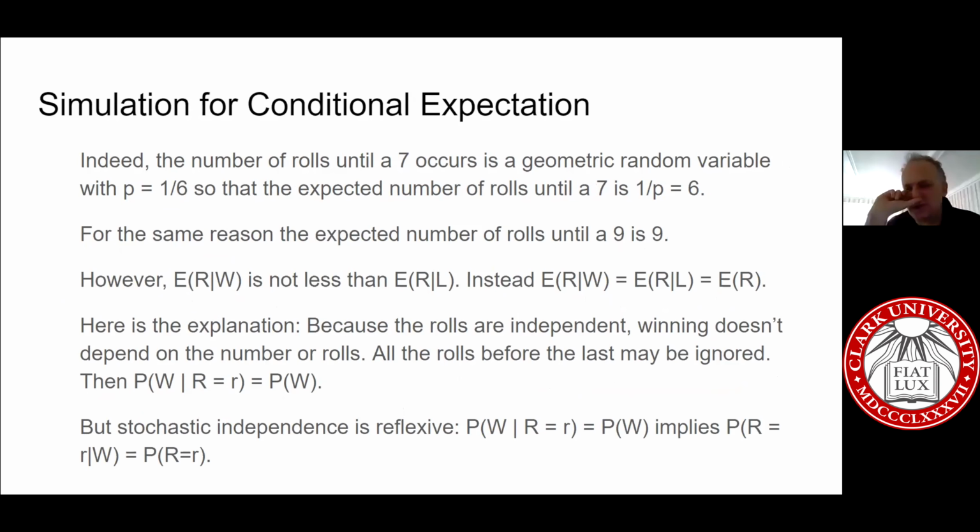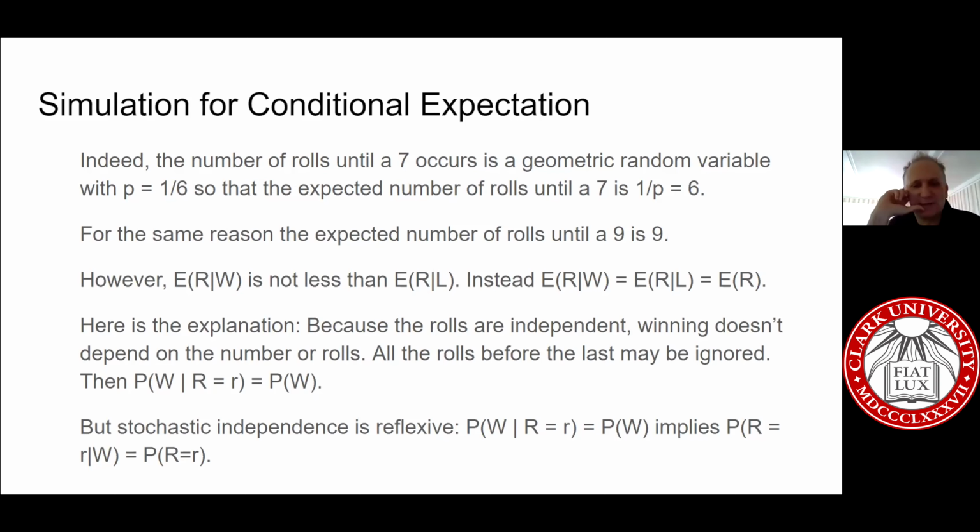So why wouldn't you assume that the expected number of rolls given you win is bigger, even if it's not 9, it's bigger than the expected number of rolls if you lose? Instead, they're the same. And I think the idea is that if the 9 won, it was a good 9, right? It was a fast 9. And if the 7 lost, it was a slow 7, you know? So somehow it works out that they're the same.